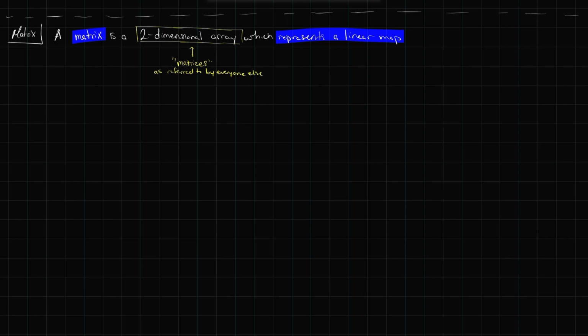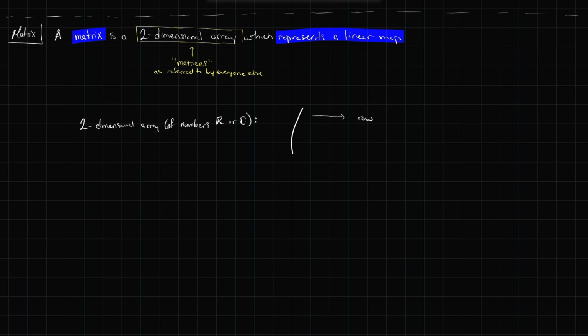But anyway, it's a two-dimensional array which represents a linear map. What is a two-dimensional array? What do I mean by that? It's an array of numbers, like the real numbers or the complex numbers. This is just like with vectors, where you could use a large column with some parentheses on either side. An array is just a column with two directions.